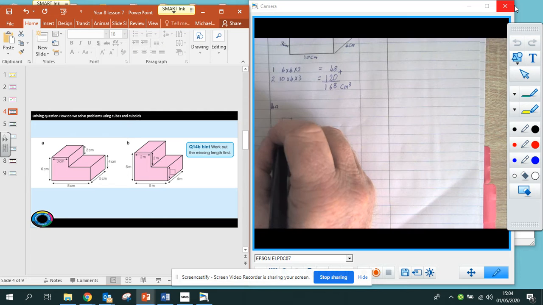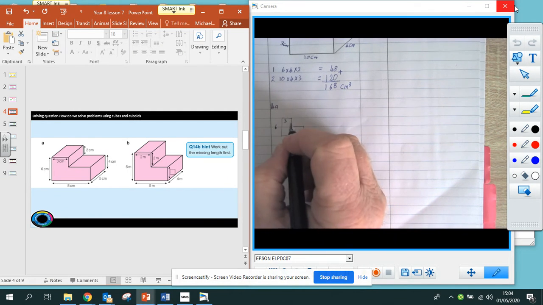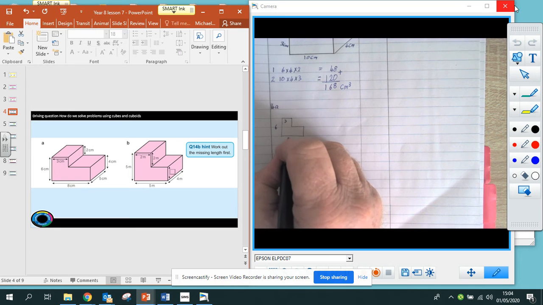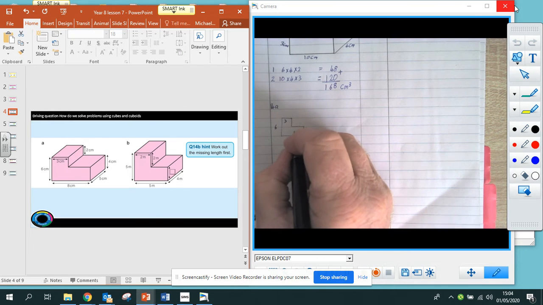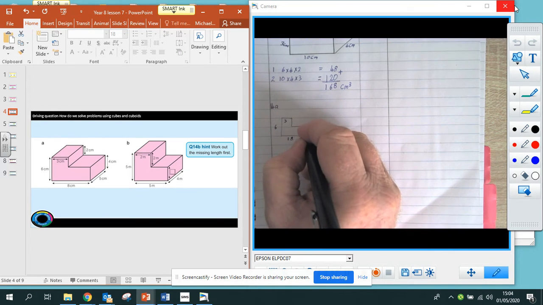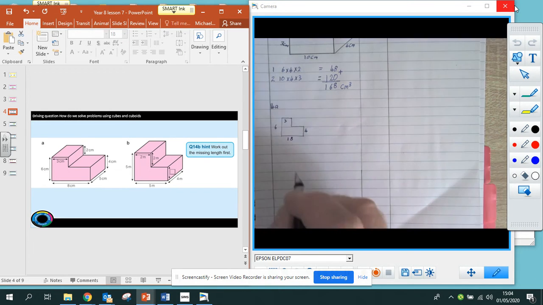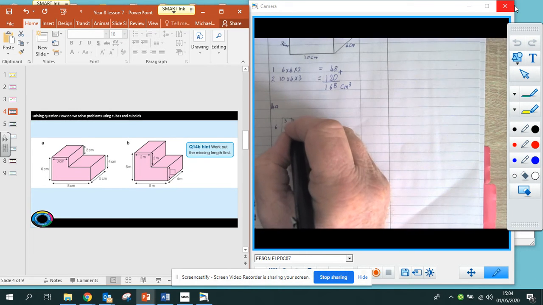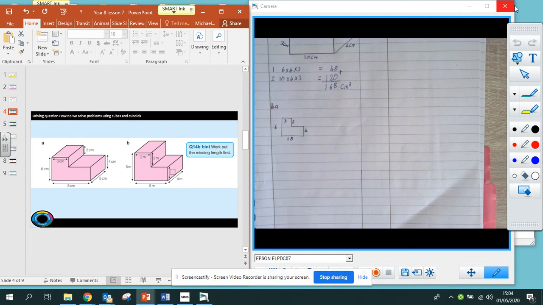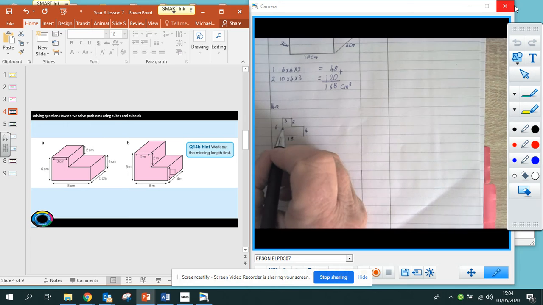I know that this is 3. I know that this is 6. I know that this is 8. I know that this is 4. And I do actually know that this one is 2. So what I'm going to choose to do in this case is divide my shape, just like the last one.